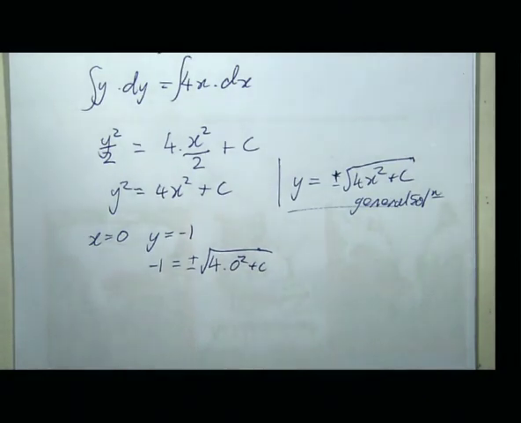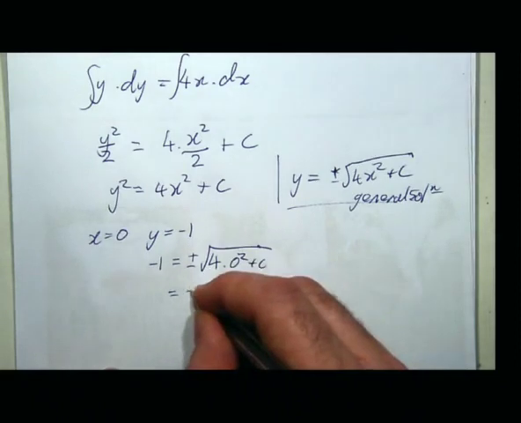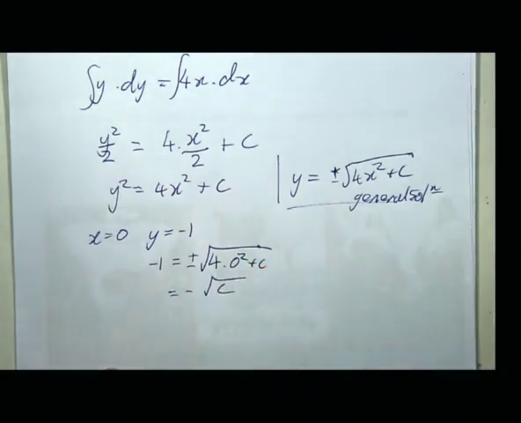Okay, so first thing we notice is it can't be plus, can it? That won't get me the right function. They're going to do the thing you least expect, and in this case the thing you least expect is the minus. And so this is actually going to be minus square root of c.